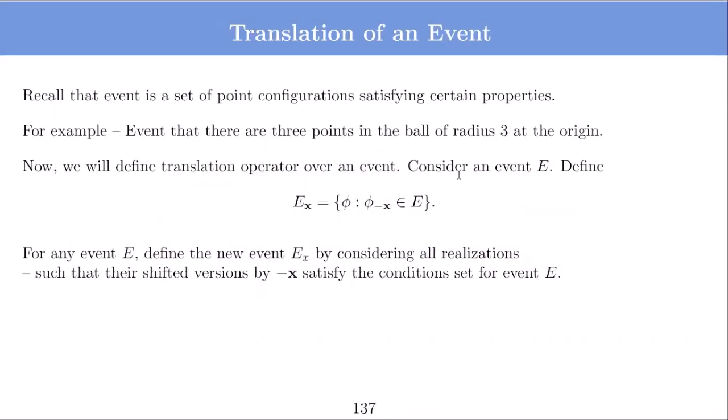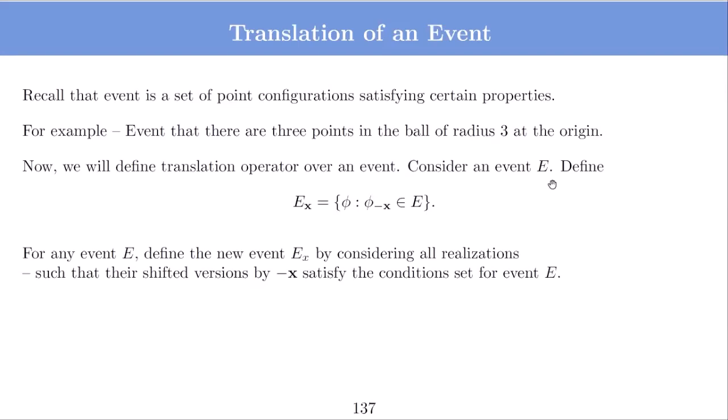Now let us understand what is a translation on an event. Recall that an event is a set of point configurations satisfying a certain property. For example, I said the event that there are 3 points in a ball of radius 3 at the origin. This refers to all point process realizations where this property is satisfied. So now we will define a translation operator over this event.